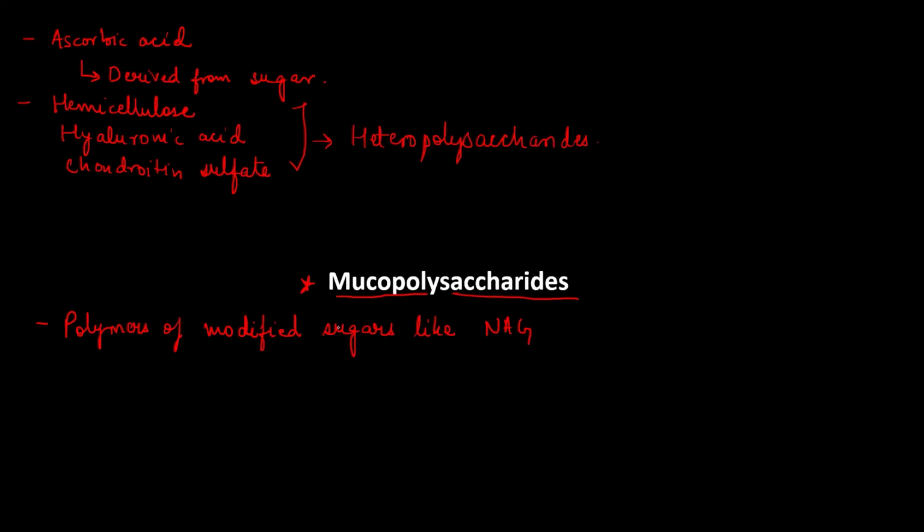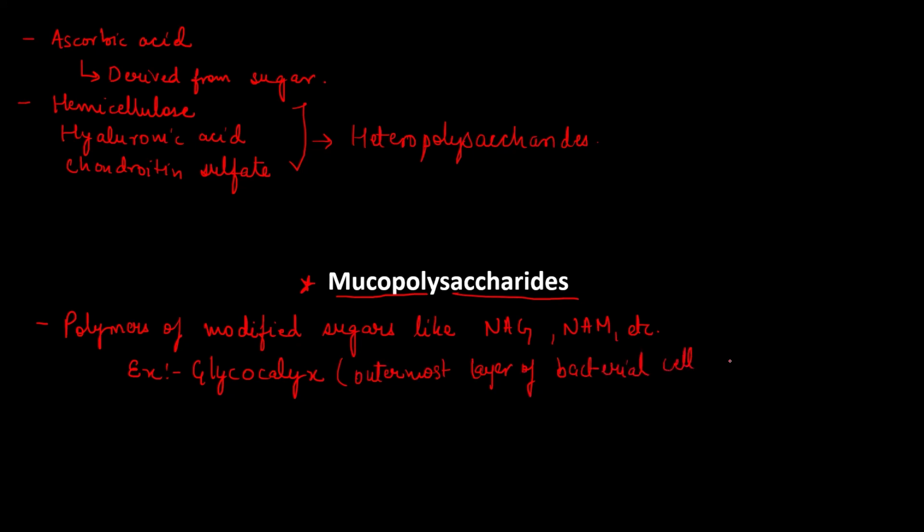So mucopolysaccharides are polymers of modified sugars like NAG, NAM, etc. The first example is glycocalyx. Where is the glycocalyx present? It is the outermost layer of the bacterial cell wall.